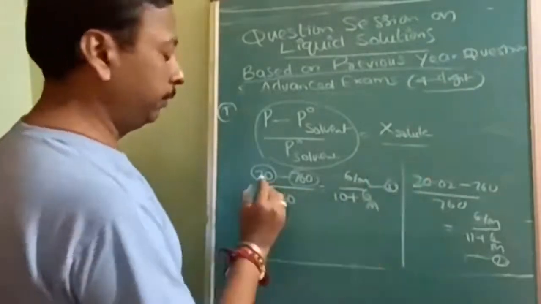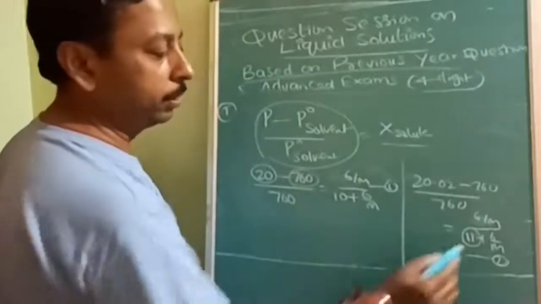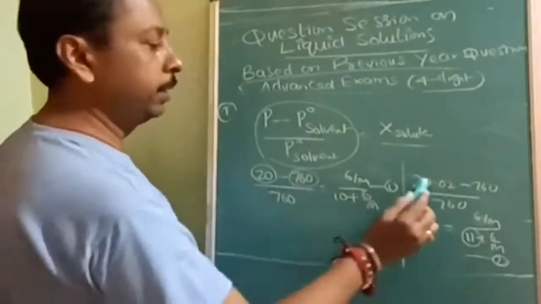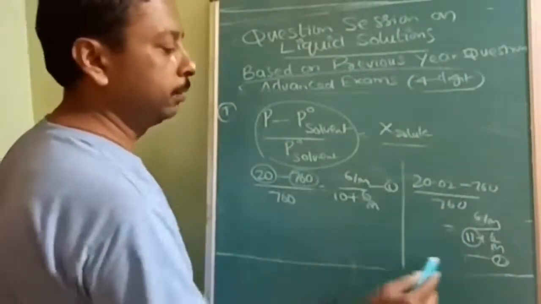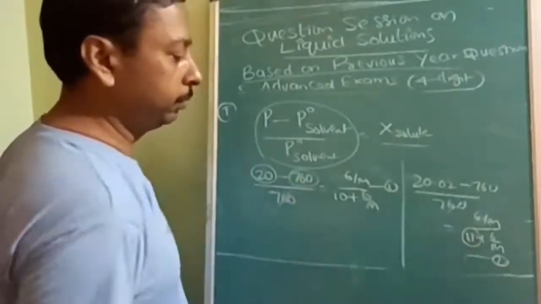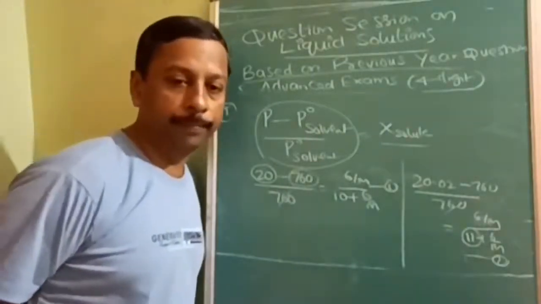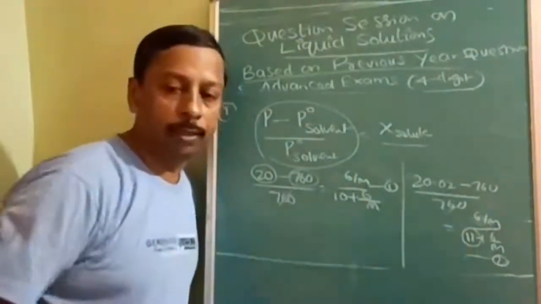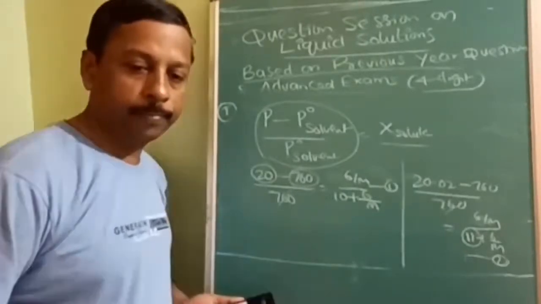Same way, after adding one more mole it is 11 moles. Once 11 moles are present, the vapor pressure increased to 20.02, minus 760 by 760. Here also, if you divide both of them, most of the things will get cancelled and you will get the answer for 6 upon M. From that you can find out the molar mass.